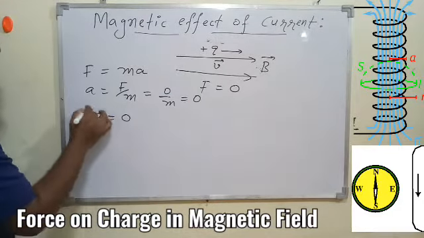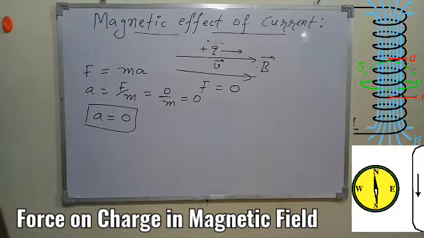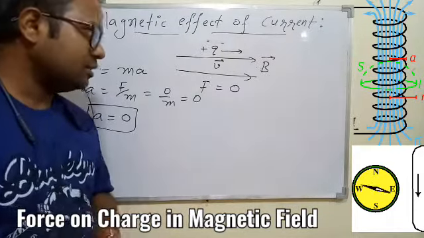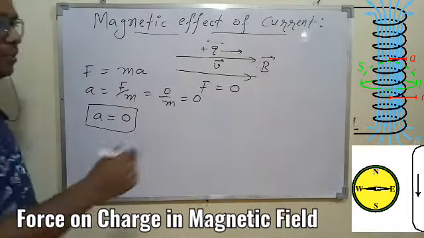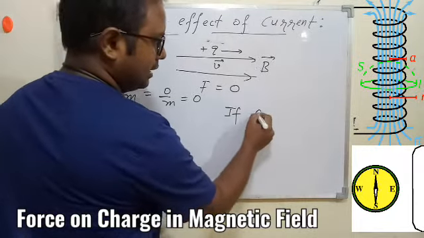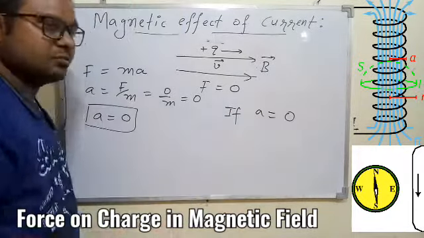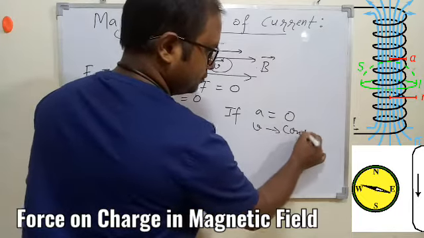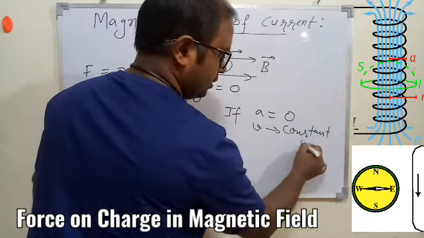So there is no acceleration. Now two things can be analyzed here. The very first thing is, if we have a as 0, what does it mean? This velocity is constant or uniform.